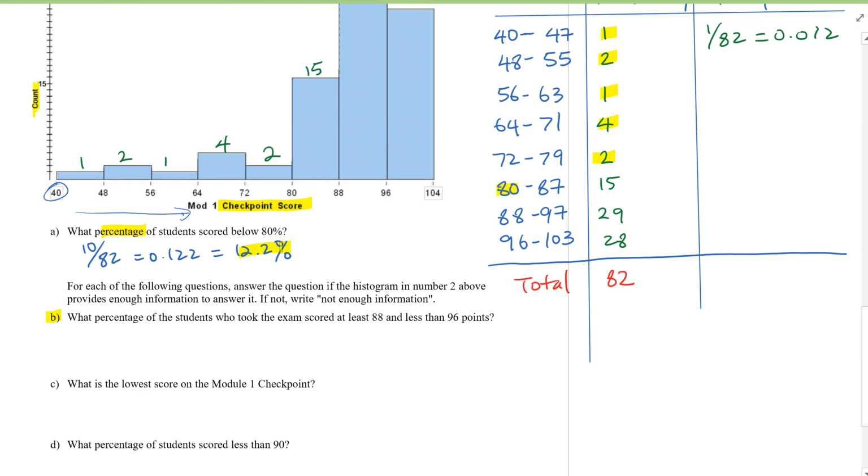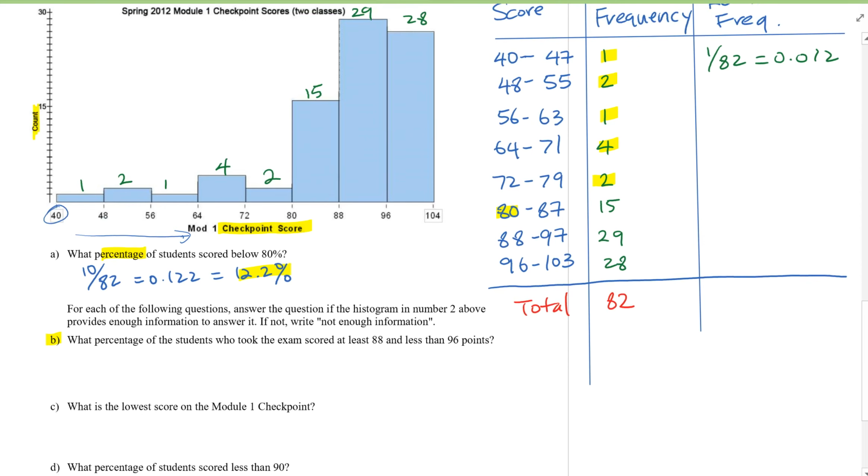Now, the second part, part B: for each of the following questions, answer the question if the histogram in number 2 above provides enough information to answer it. If not, write not enough information. Okay, let's do B. For this part, many students put not enough information. But let's see. What percentage of students who took the exam score at least 88 and less than 96?